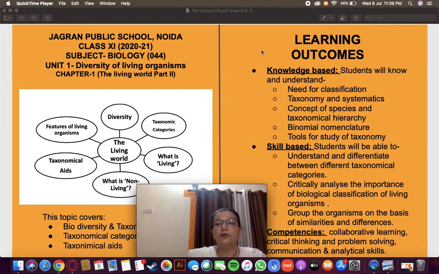Now, after today's class, the expected learning outcomes are as follows. Knowledge-based outcomes: you will be able to understand and know the need for classification, taxonomy, and systematics as a branch of classification, the concept of species, the different taxonomical hierarchical taxons, and the binomial nomenclature process.